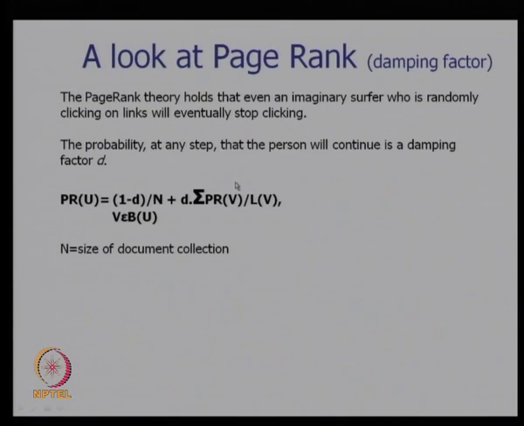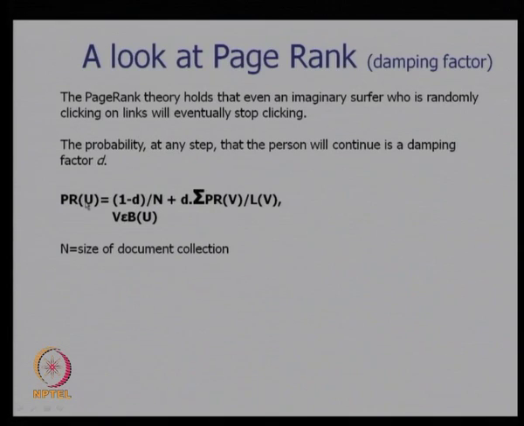The PageRank theory holds that even an imaginary surfer who is randomly clicking on links will eventually stop clicking. That is true. The probability at any step that the person will continue is a damping factor D. So, that is a bit of adjustment to the PageRank algorithm for capturing the phenomenon of a person clicking on web pages.